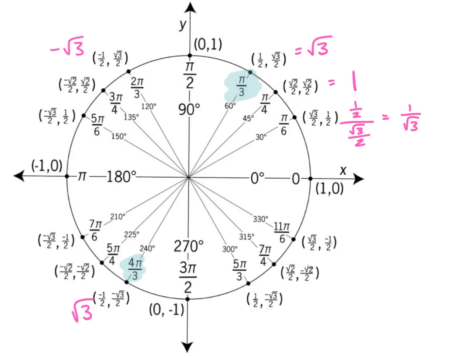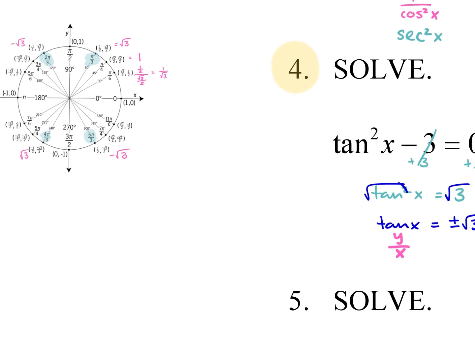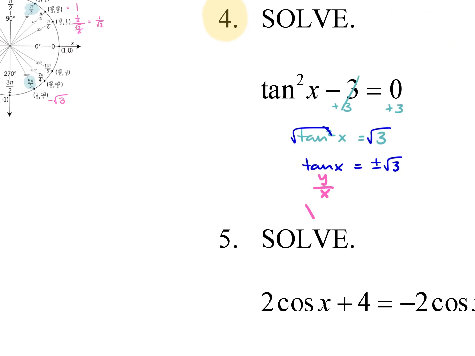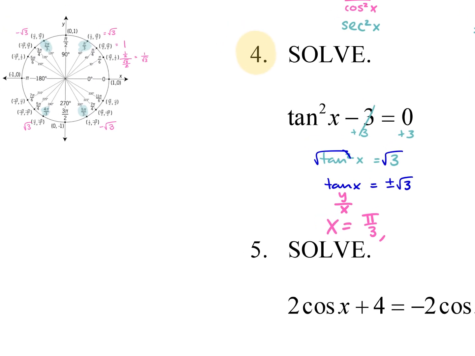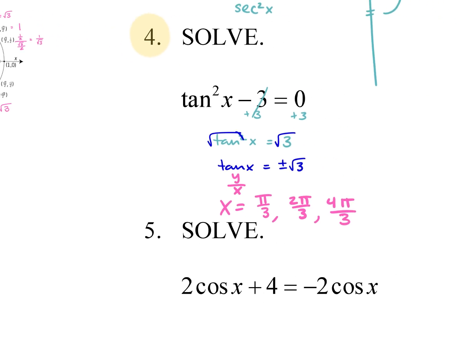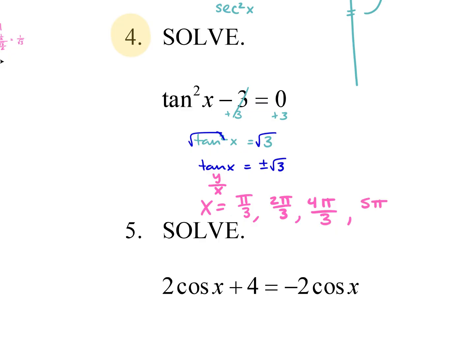Perfect. Anywhere else? 5 pi over 3. So it's always going to be the ones with the same denominator. This would be negative square root 3. And since it's positive or negative, we're including all of them. So we'd say x equals pi over 3, 2 pi over 3, 4 pi over 3, and 5 pi over 3. Any questions here?